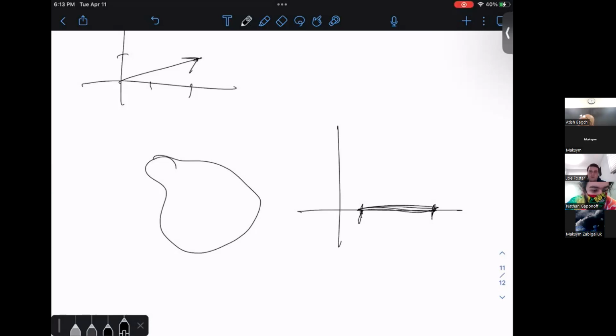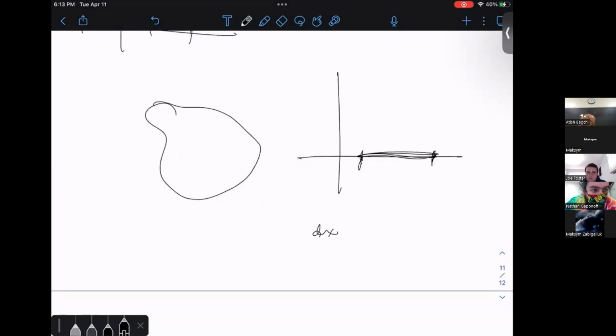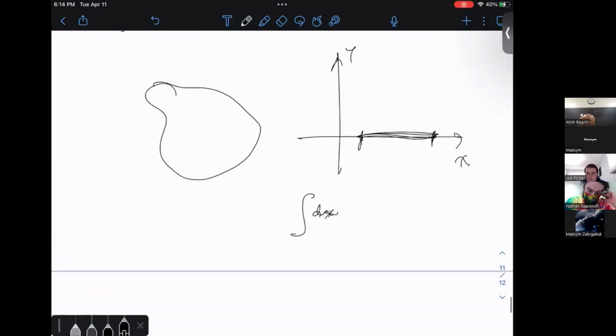So integral from the starting point to the ending point of dx, this is the x-axis, y of x, because that's what's changing when I'm moving. But we are integrating the function 1, right?